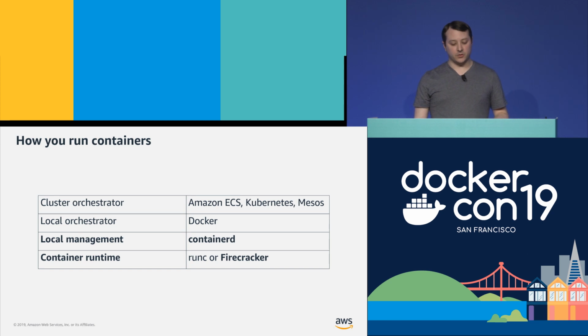You may interact with a local orchestrator like Docker for development purposes, and also many of the container orchestrators that you use end up using Docker to do local orchestration on the host as well. Docker ends up handling things like local restart policies, health checks, local network traffic, I/O, and collecting logs.